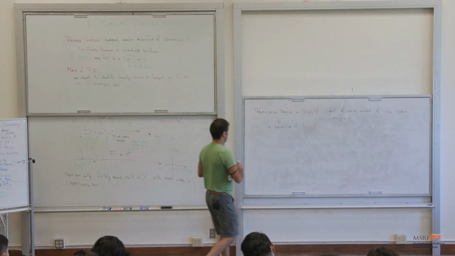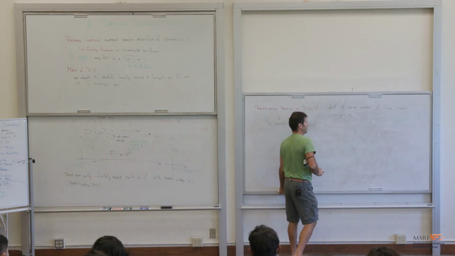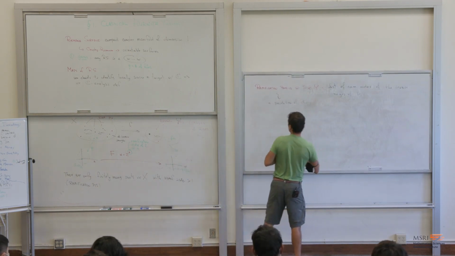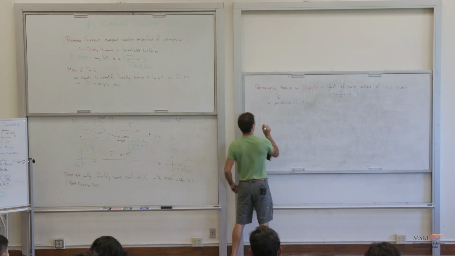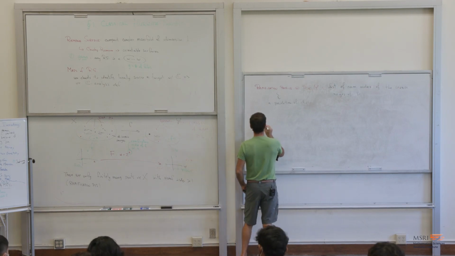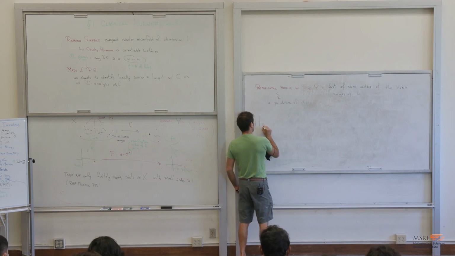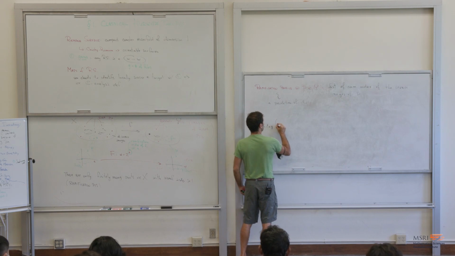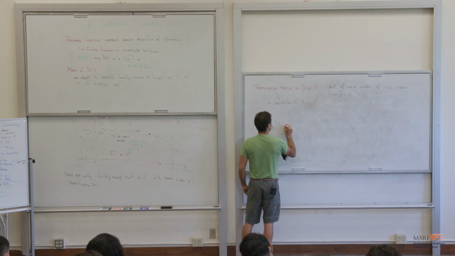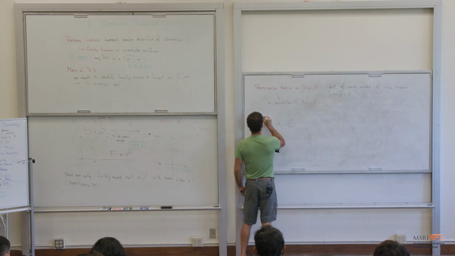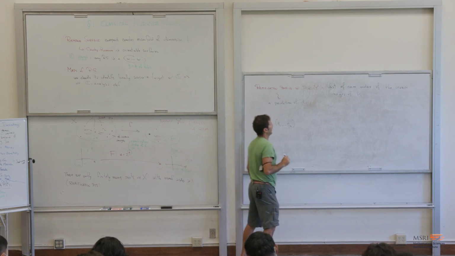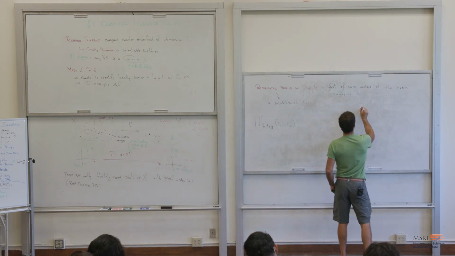So let me write a symbol, draw a picture, H to G, degree D, eta 1, eta S, R. And let me draw a picture here.